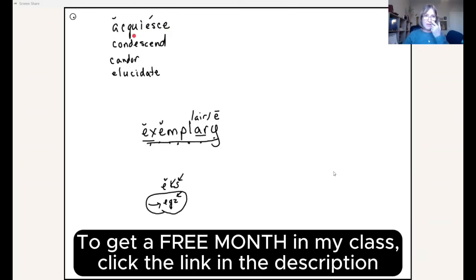Acquiesce. Acquiesce. And condescend. Condescend. Candor. O-R will say er at the end. Candor, of multisyllable words.